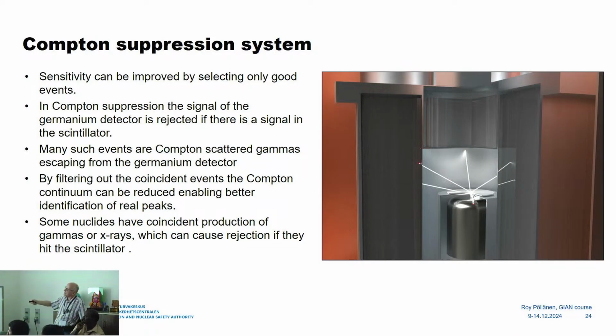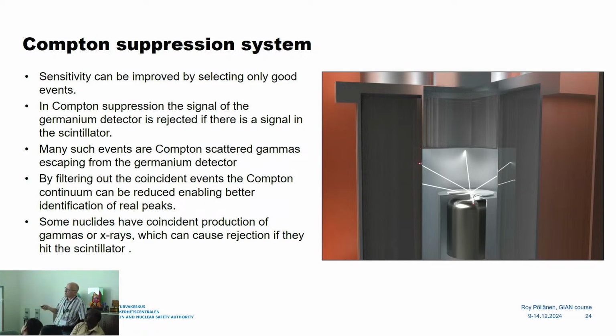So we reject the signal in germanium when we detect a signal here. Many of these events are Compton scattered gammas escaping from the germanium detector. If we filter out the coincident events, the Compton continuum can be reduced, enabling better identification of real peaks.